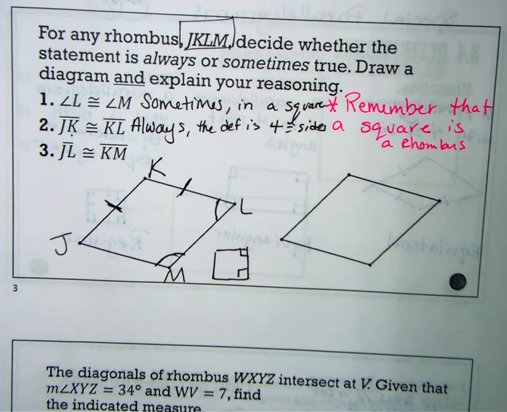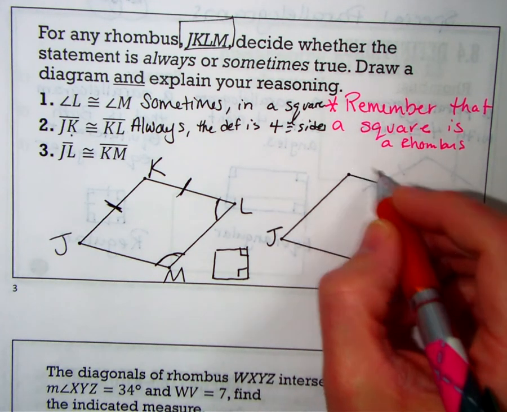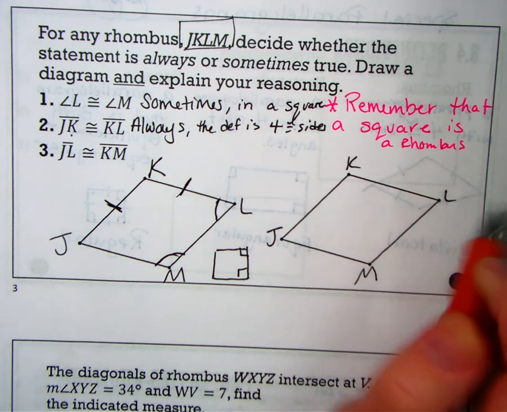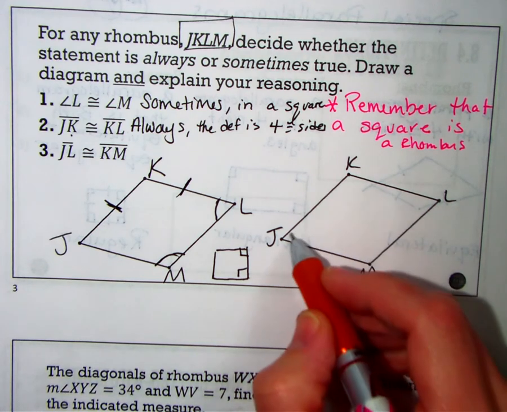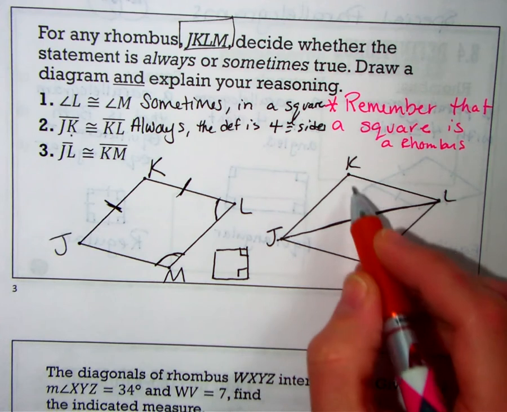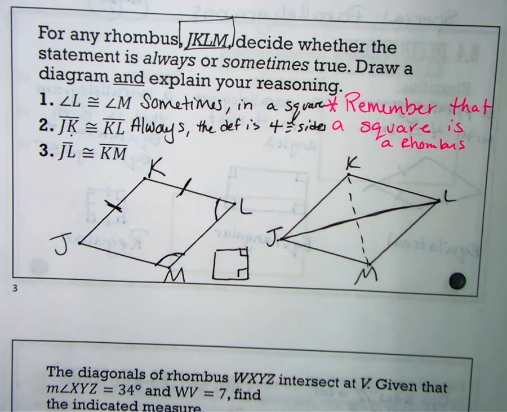Okay, let's use a different picture here. KLM. Did we write down anywhere on the previous page that JL, that's a diagonal, did we write down that the diagonals, JL and KM, are equal to each other? Did we write that down? No. So is that going to be an always?